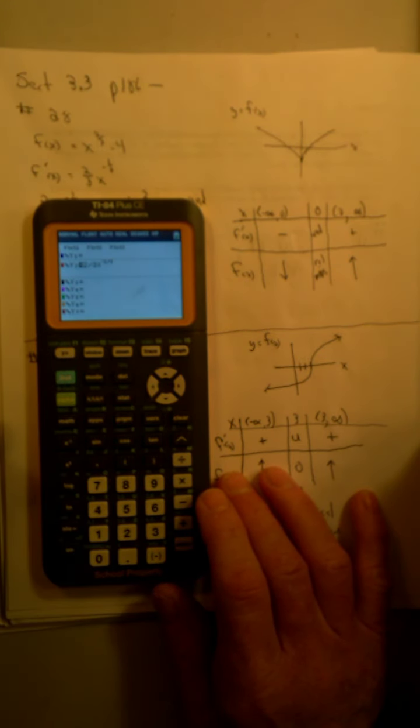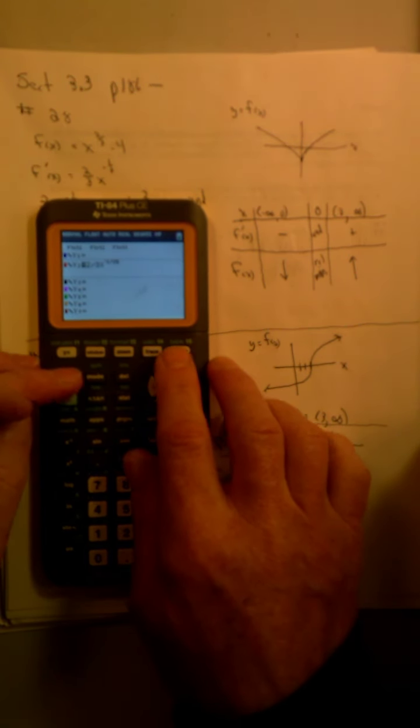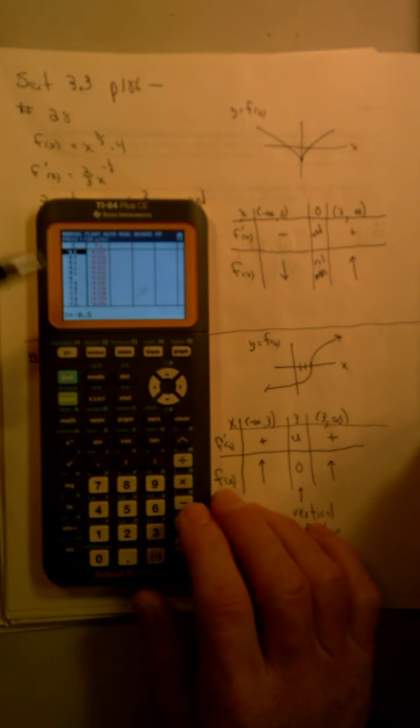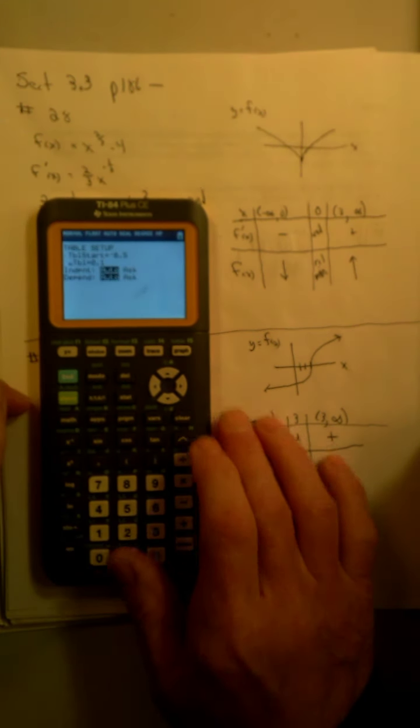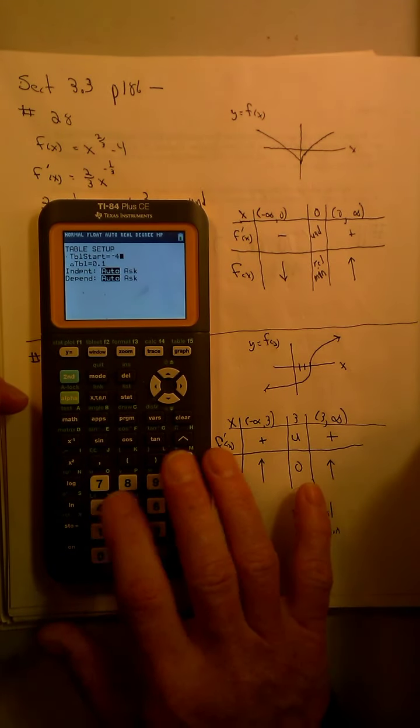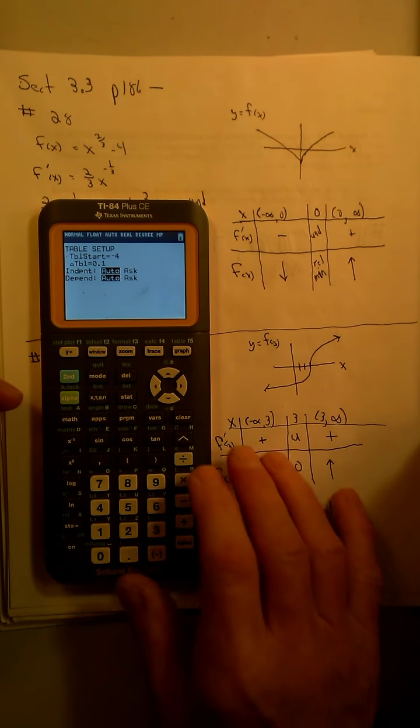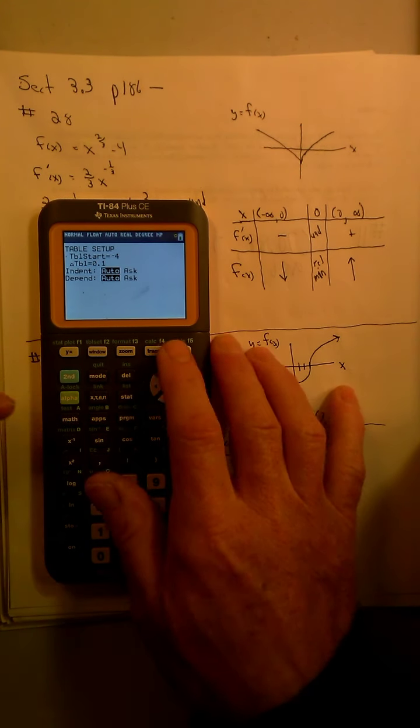That's the derivative, and look at the table. Second table. Set it up. I'll start at negative 4. I'll count by 0.1s.